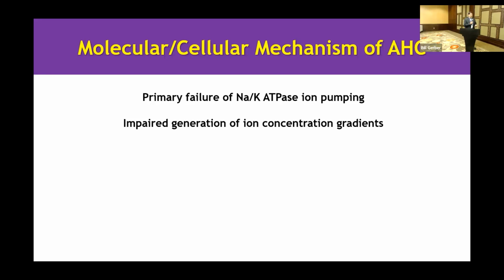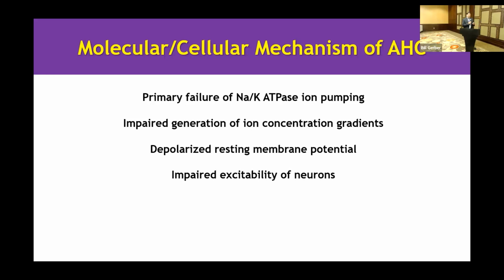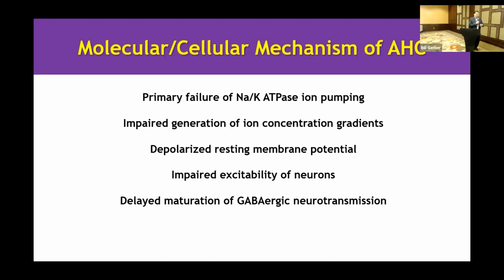And we focused a lot on the role of depleted potassium in causing a depolarized membrane potential and limited firing of neurons. And then I just mentioned that we see this delay in GABAergic neurotransmission switching from being excitatory in immature neurons to being inhibitory in mature neurons.